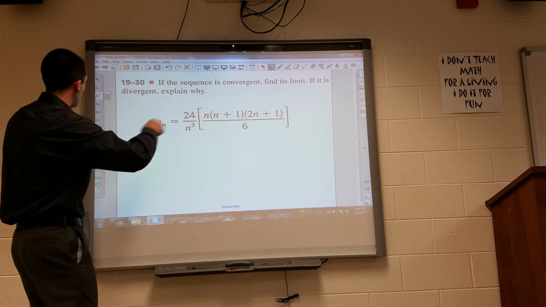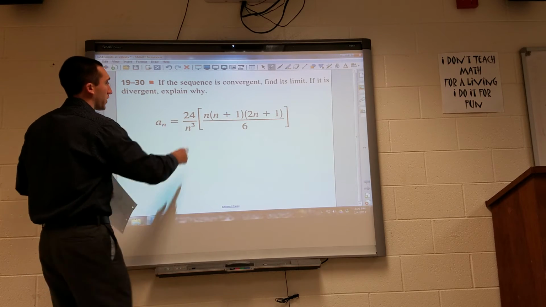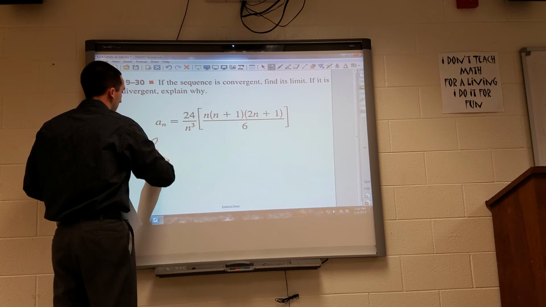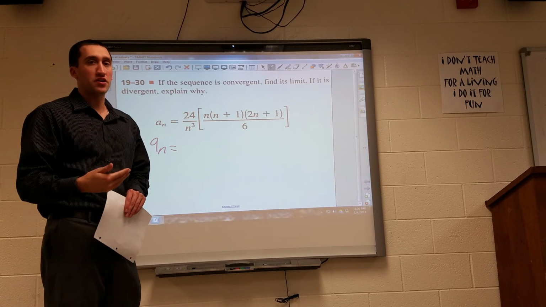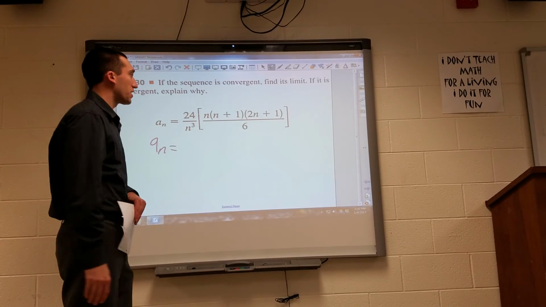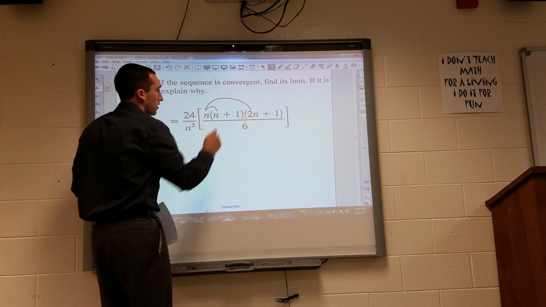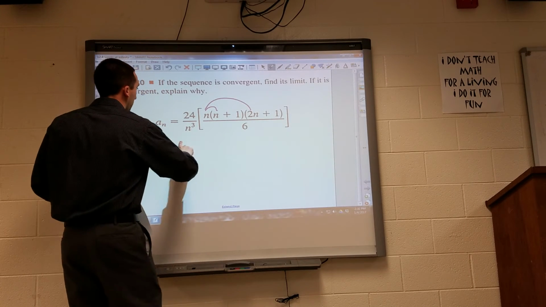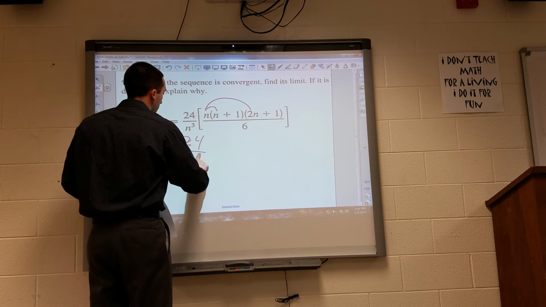So, just like before, let's get it all into one function, so I can distribute here, and I get a_n equals, I'm really only worried about the largest degree, right? I'm not worried about what comes after the largest degree. So I think you'll agree that if we distribute all of these n's out, we're going to get 24 on the outside still, over n cubed.